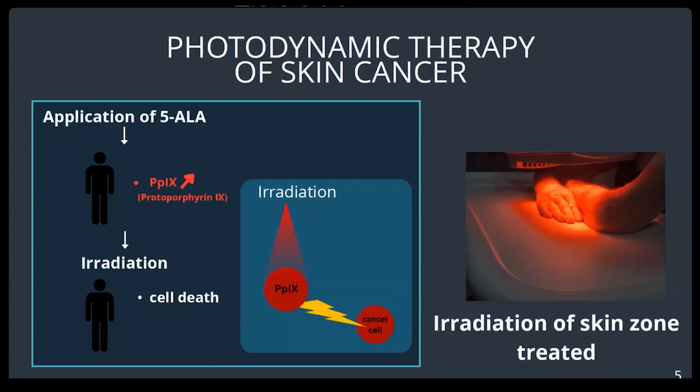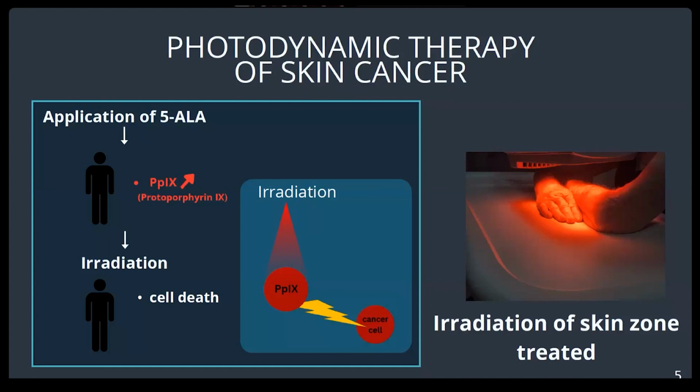Our project is based on the photodynamic therapy of skin cancer, so it is how we treat cancer with light. How it works: we apply a cream on the tumor, on the skin, and this will increase the production of one molecule in these tumors, named protoporphyrin 9.